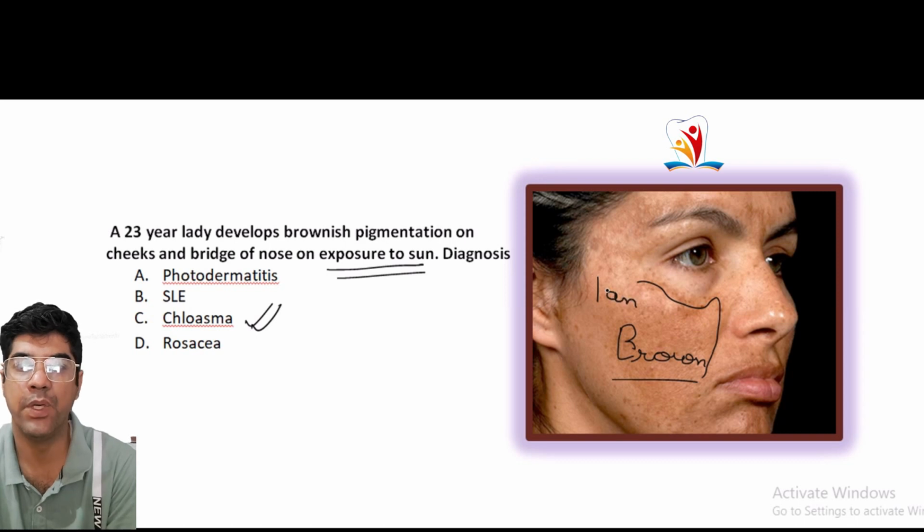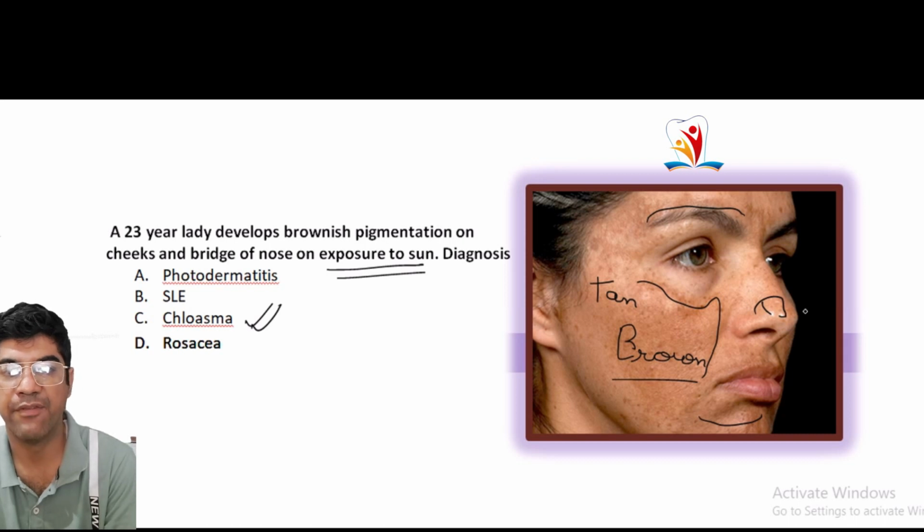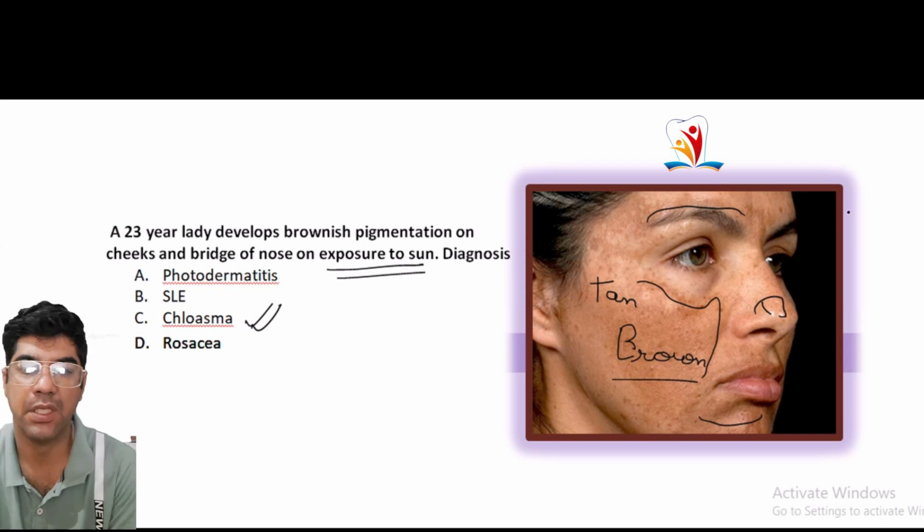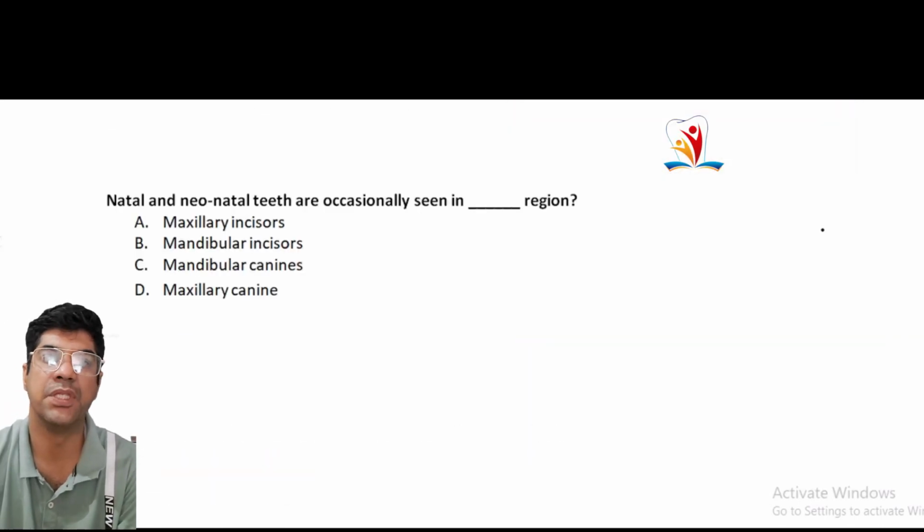So there will be brown, tan patches on the cheek, nose, forehead, and the chin. Other options like photodermatitis, SLE, rosacea can also involve the skin, but the specific pattern of pigmentation described is consistent with chloasma, as it worsens with sun exposure.